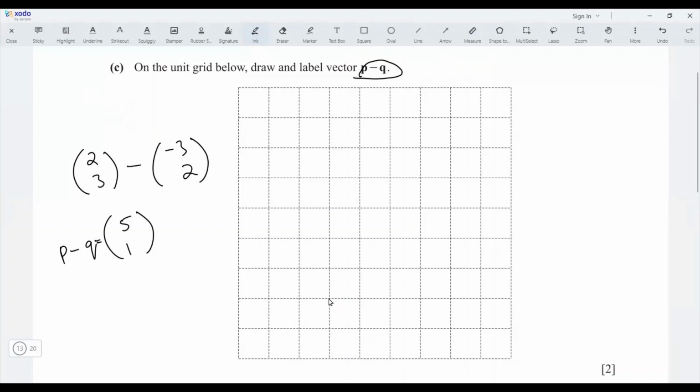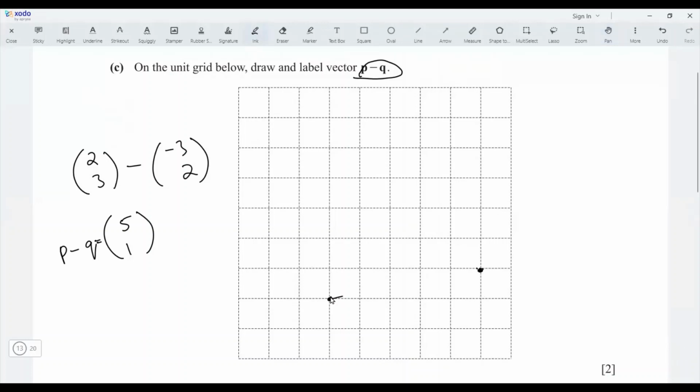So if we are starting from this point, what does 5 mean? 5 means we have to shift 5 units rightwards on the x-axis. So starting from here, it will be 1, 2, 3, 4, and 5, and moving 1 unit upwards because there is a positive change of 1 in the y-axis. So it is the final point.